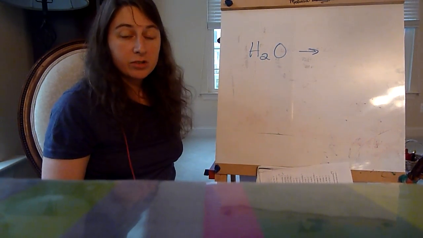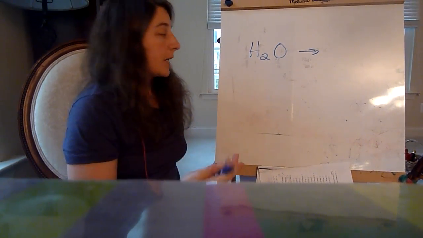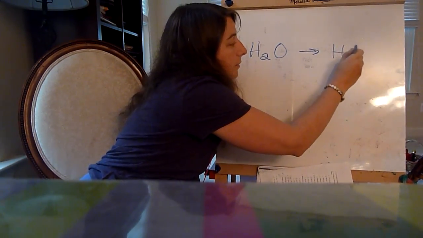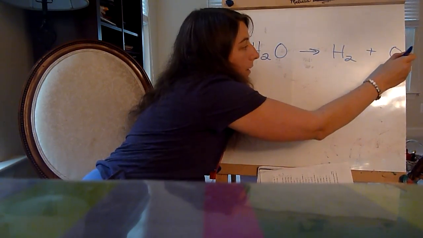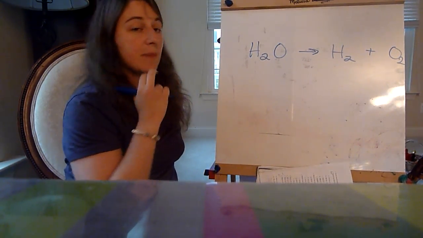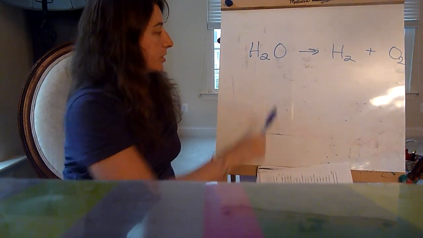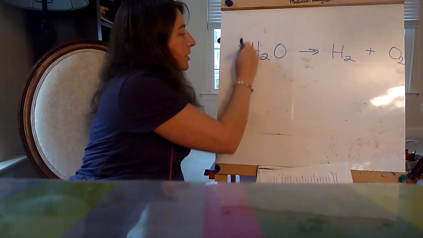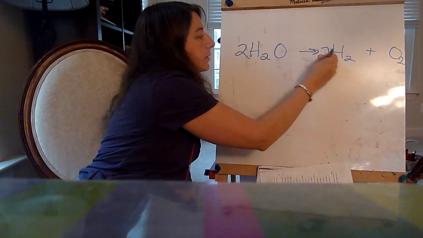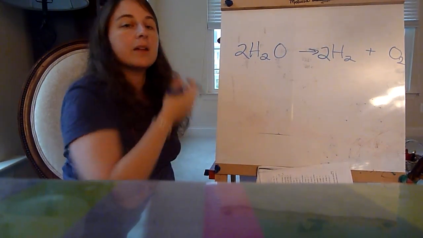So decomposition reactions, to review, we take a compound and we decompose it into just its elements. We have to remember that these are homonuclear diatomics. Then we have to balance with the stoichiometric coefficients. So we have 1 oxygen here and 2 over there. Now we have 4 hydrogens here, so we need 4 over here, and now we have a balanced equation.